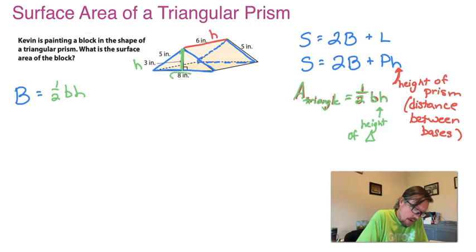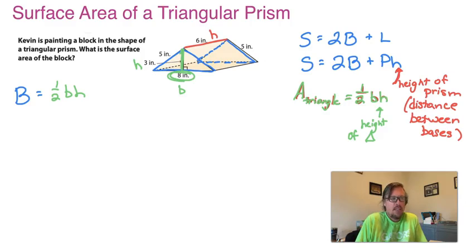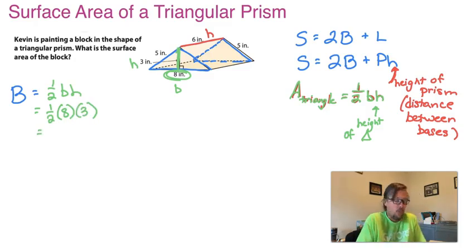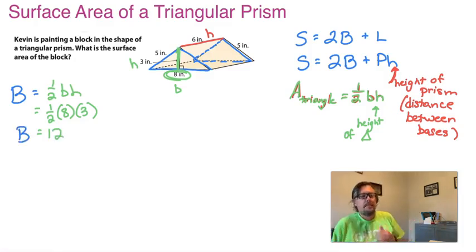So this 8 right here is going to be the little b, and the h is going to be the height. So this is going to be 1/2 times 8 times 3. 8 times 3 is 24, and half of that is 12. So big B equals 12. Great. Okay, one down, two to go.